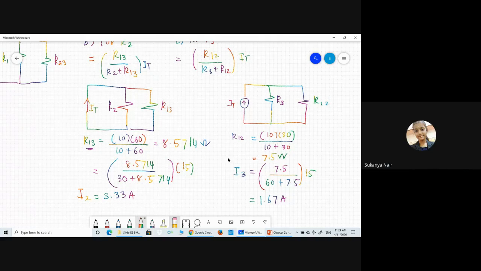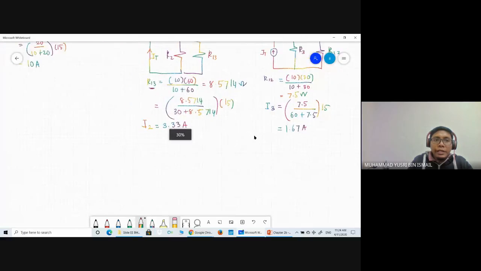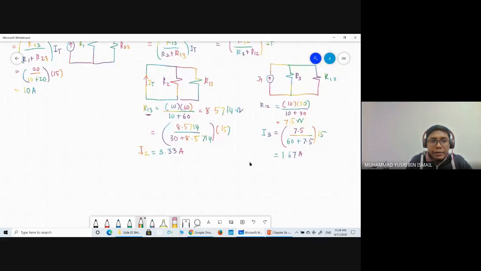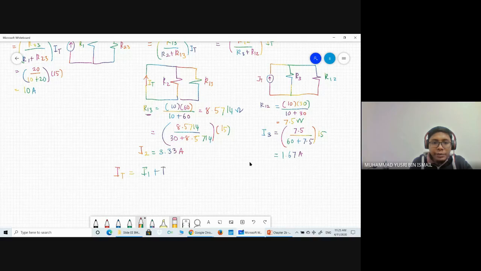Overall, you can check whether your answer is correct by summing up: I total is equal to I1 plus I2 plus I3, which is 10 plus 3.33 plus 1.67.